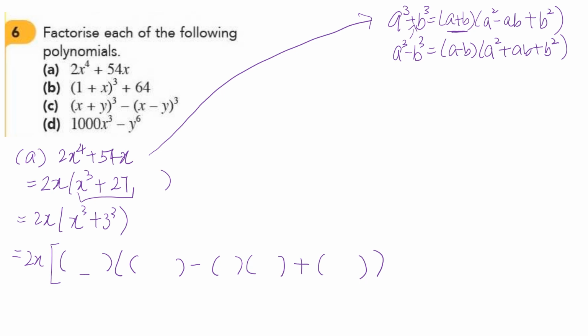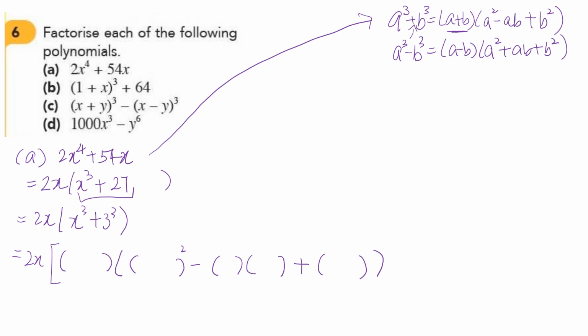Then the next thing is just to fill in the brackets. So x will be your a, b will be your 3. So the next thing is a squared. So a squared minus a, wait, what am I doing? Your a is x. Oh, I'm also confused.